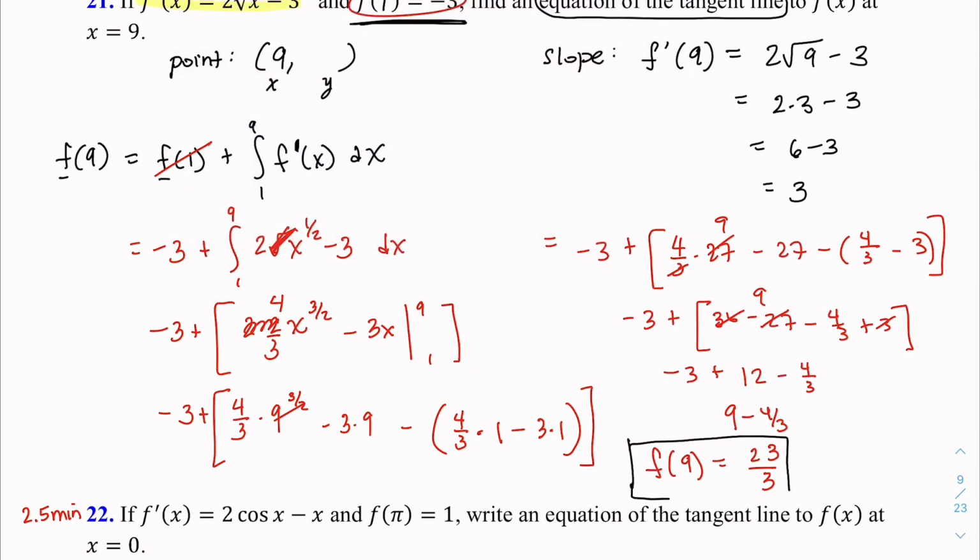And we finally get our point. f of 9 equals 23 over 3. Okay. So now it's as simple as just plugging it into y minus y1 equals m, which is 3, x minus 9, and we're done. So we used our point from here, I'll highlight red, and we used our slope from here.